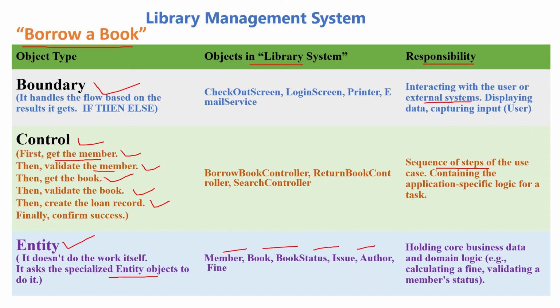The responsibility of the entity object here is holding the core business data and domain logic. That means calculating the fine and validating the member status, and whether the book is already returned or issued by the particular user. So this gives the overall example of the borrow a book use case of the library management system, indicating how to identify the boundary, control, and entity objects.